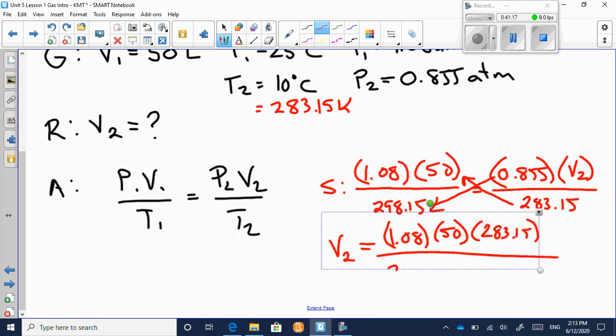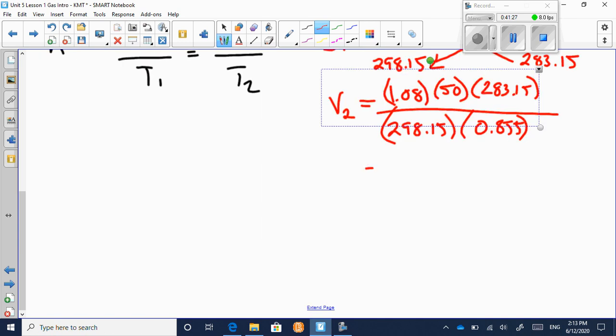283.15 divided by 298.15 times 0.855. And here we go. My final answer is 1.08 times 50 times 283.15 divided by bracket 298.15 times 0.855, and I get a volume of approximately 60 liters.